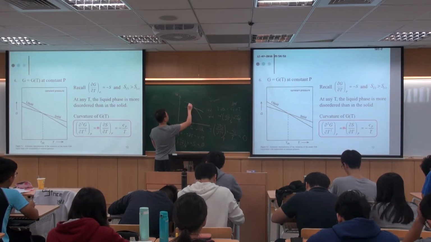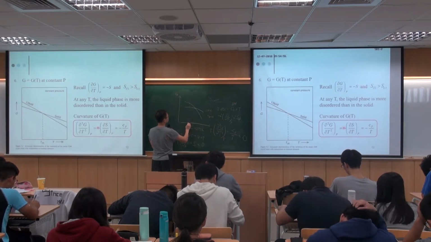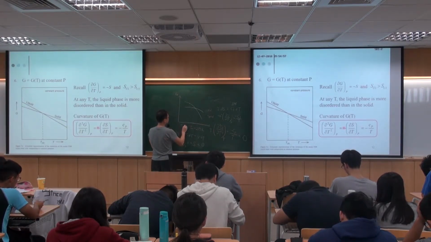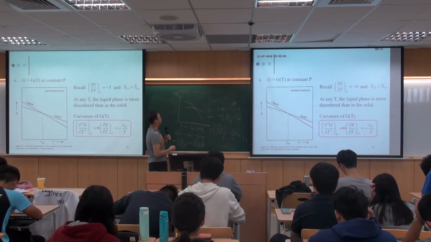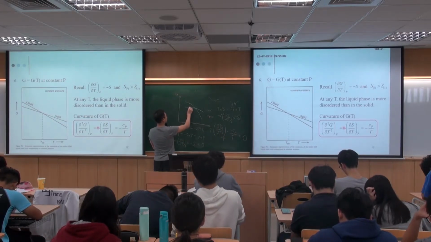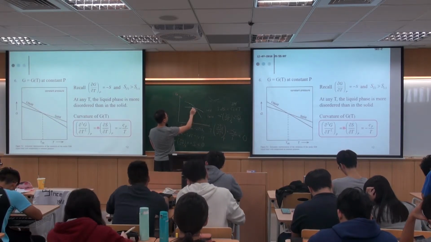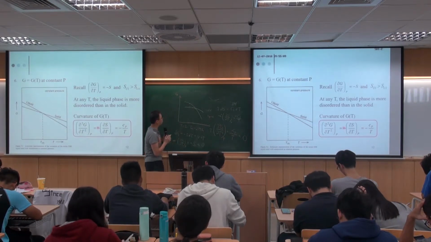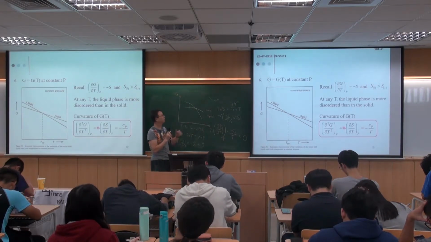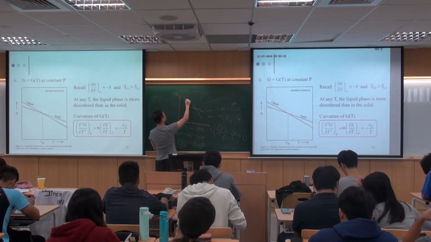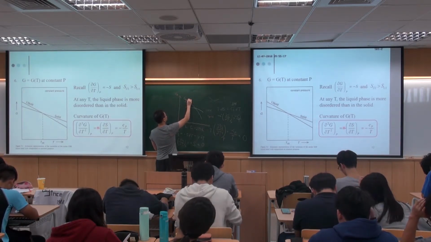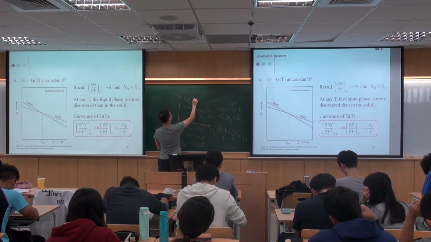So if you're over here, for instance, this is T less than T melting. We know that the system will become more and more icy. You have more and more ice. And in that case, indeed, the solid phase has a smaller Gibbs free energy compared to the liquid phase. So here you have, let's say, G solid less than G liquid.